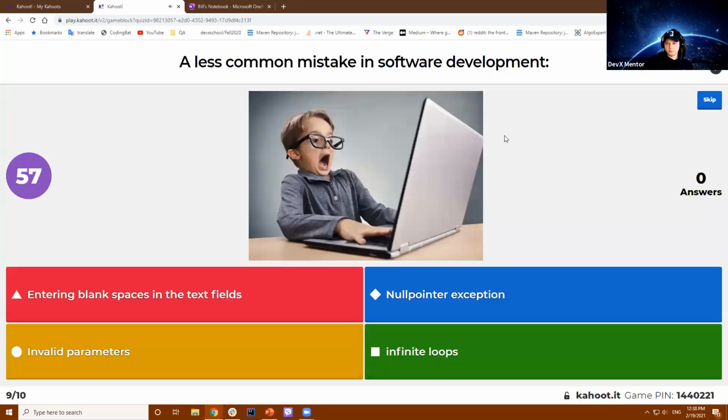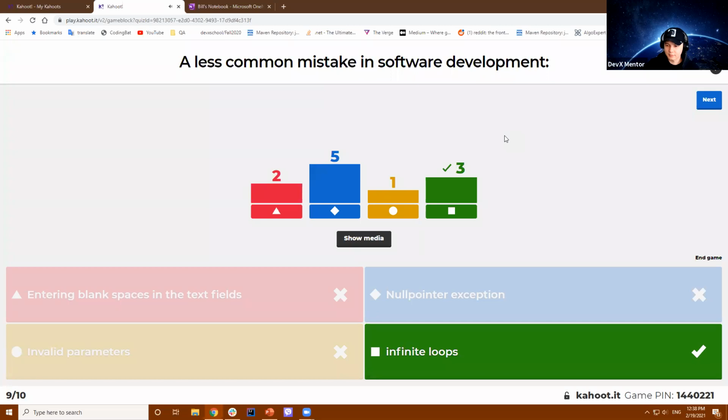What is the less common mistake? Yeah, it was a tricky one, and this was in the slides when I talked about common mistakes.